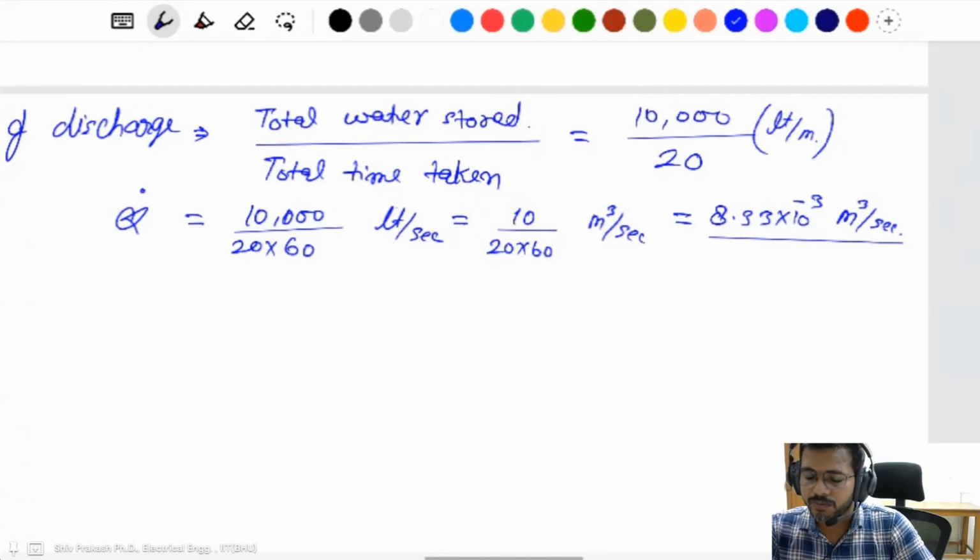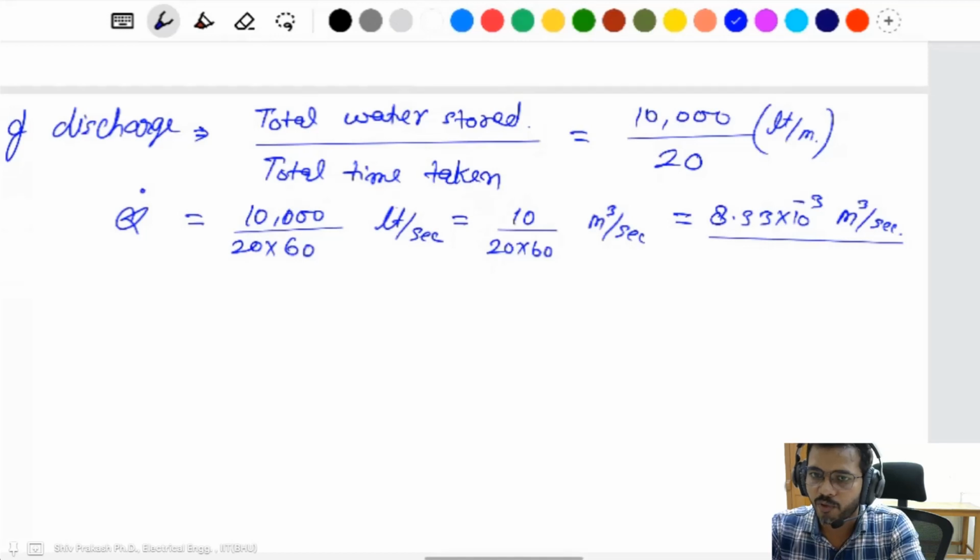Then how much is the velocity of the water? There is a total water discharge per second, but this is not a velocity. It is in meter cube, a volume. This much water in volume is discharged per second. Then what is the speed or velocity of the water?